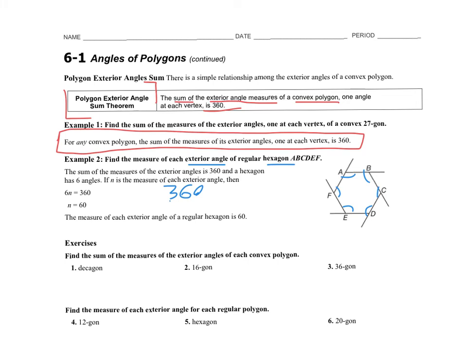So if we divide 360 by 6, each exterior angle must have a 60-degree measurement. Or the measure of each exterior angle of a regular hexagon is 60 degrees. That's the extent of the math we're doing for this page: 360 divided by the number of sides gives us the number we want.